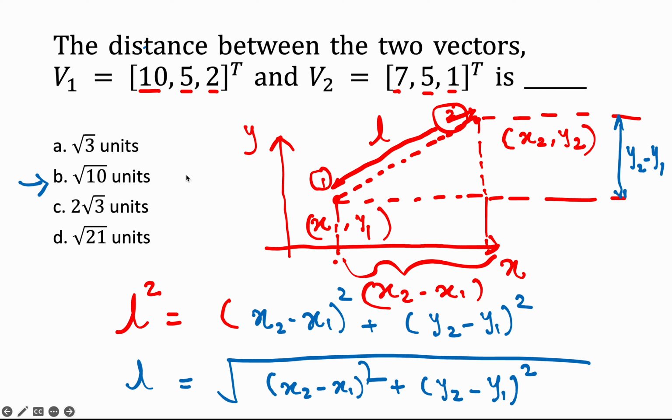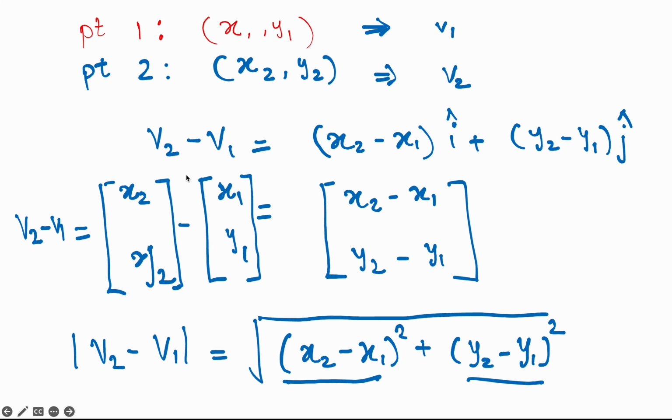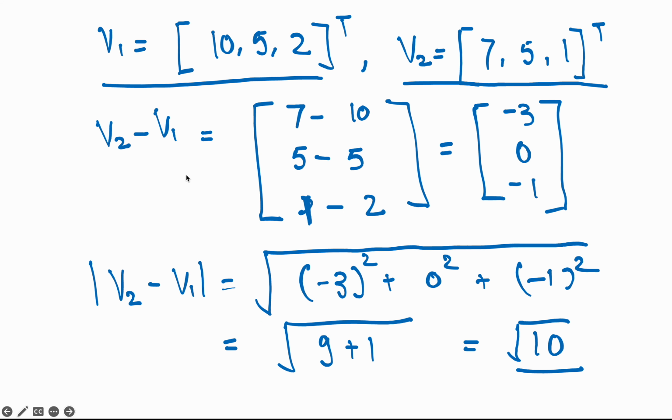This one was related to distance, and we saw the definition of distance based on the basic principle of the Pythagoras theorem. If we take the difference of the vectors and take the magnitude of that, it will give the distance between the points indicated by vectors v1 and v2. We took the vector subtraction and then found its magnitude.